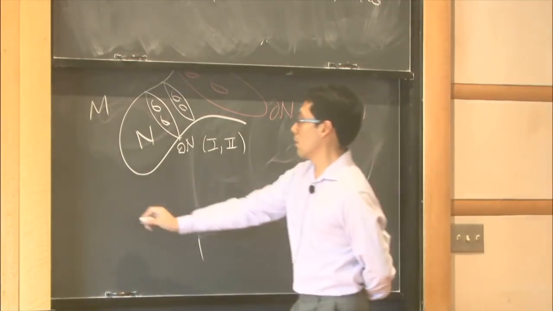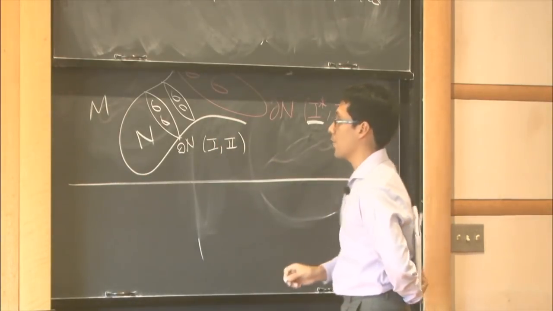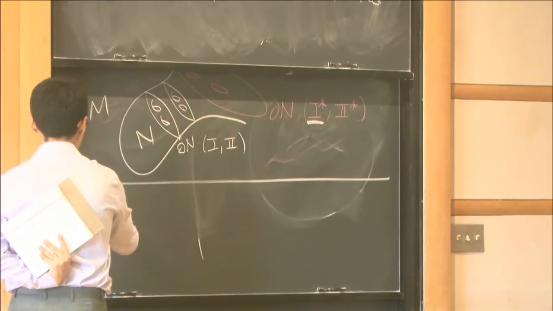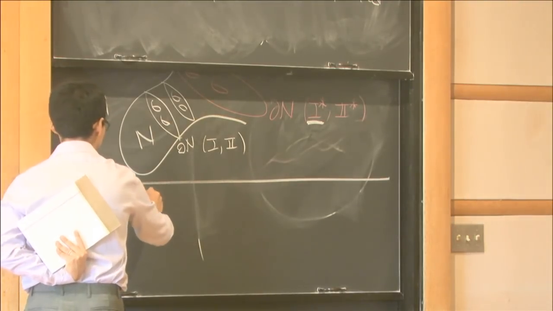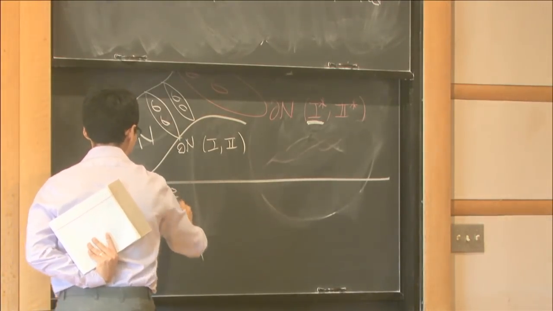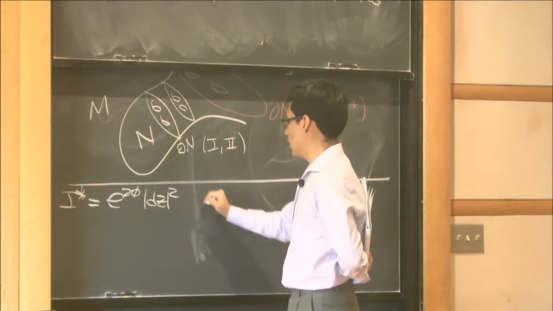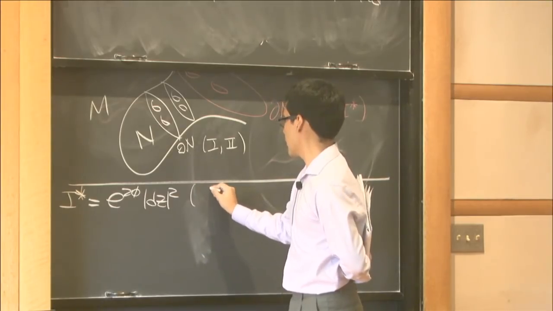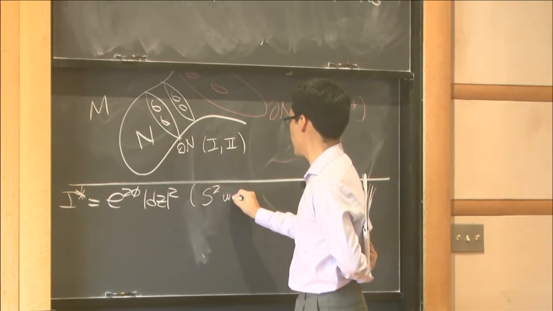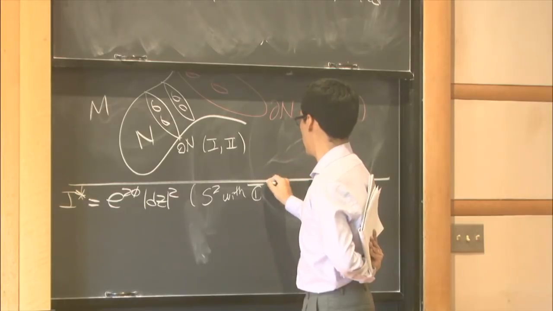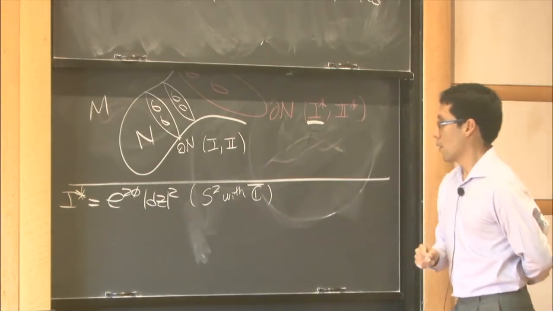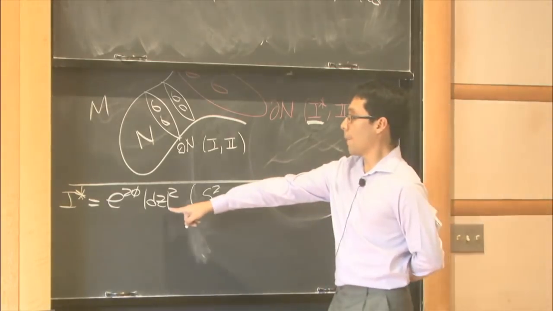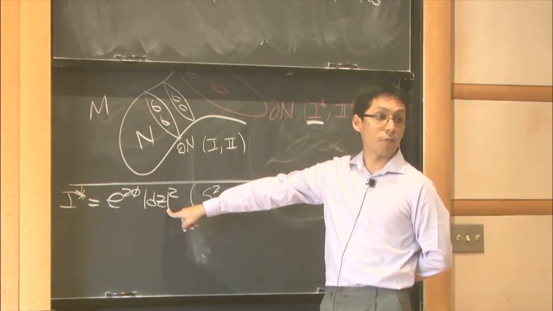I could, and I will, condense all of that by doing the following. Let me say that if you identify S2 with the compactification of the complex plane, we need to pick a metric which is conformal to the flat one.